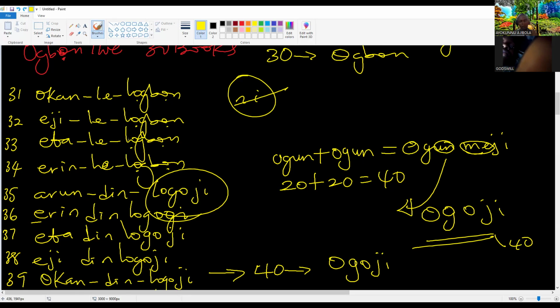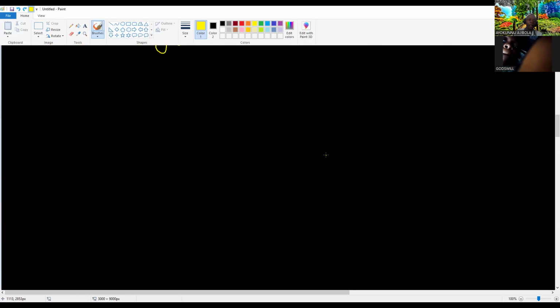Eji le ni ogbon, we say eji le logbon. That ni is what was abolished there to call the low. The low is not in the number, okay? Yes, sir. Now, very quickly, we'll move on to the next step, which is 41.